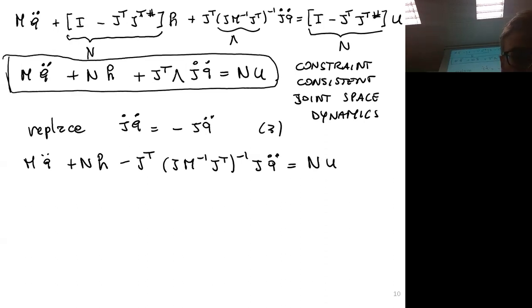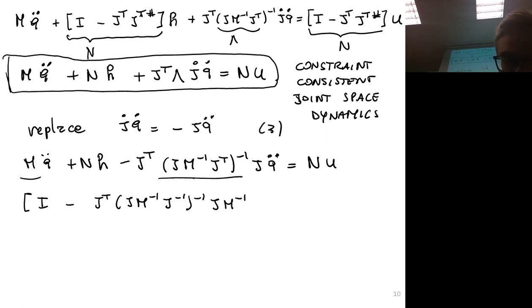We collect the M matrix. So we have an identity here. And from this other term, we collect the M matrix, so we get this J M minus 1, because M was not present here.